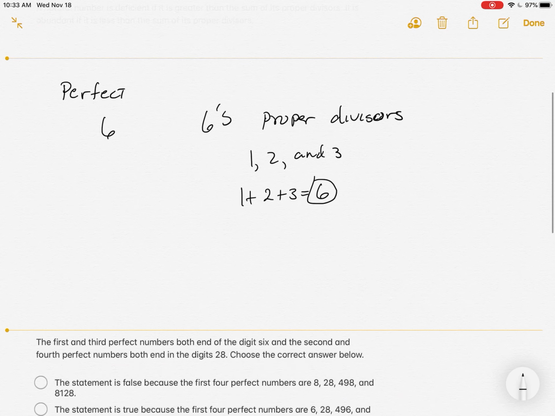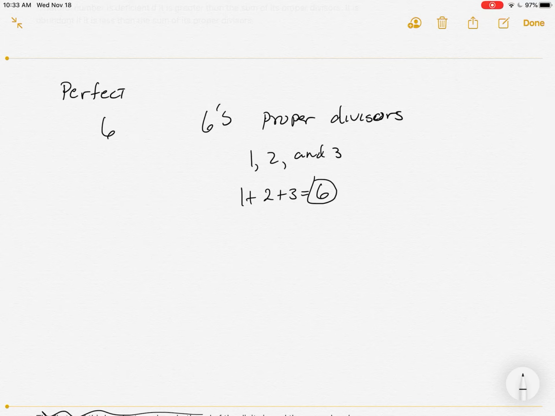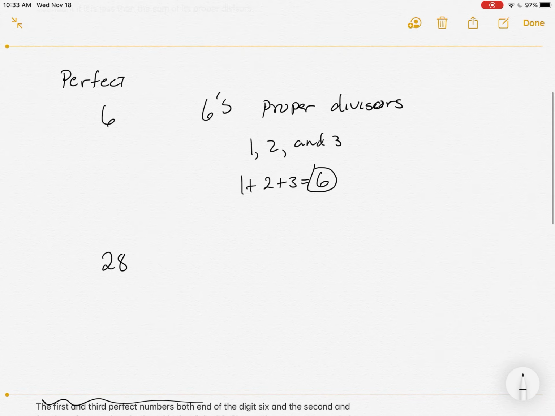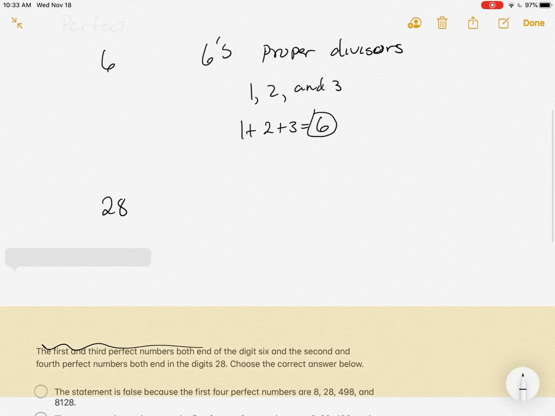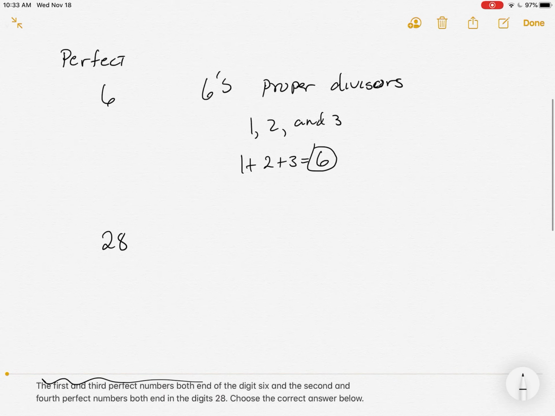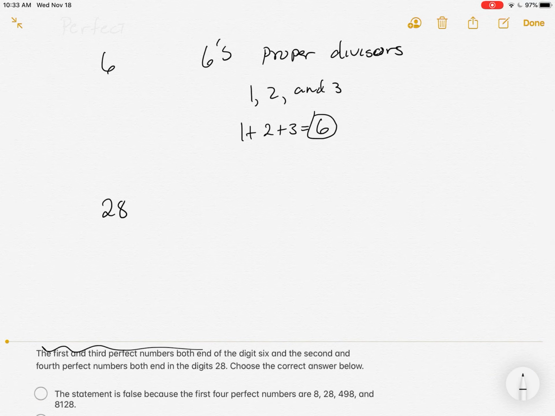Another perfect number is 28. Now, I don't have these memorized at all, but they're going to ask you to check whether some things are perfect or not. So if we take a look at 28's proper divisors, we'll be methodical. 1 definitely goes into it, 2 goes into it, 3 doesn't, 4 does, 5 doesn't, 6 doesn't, 7 does, right? 7 times 4 is 28.